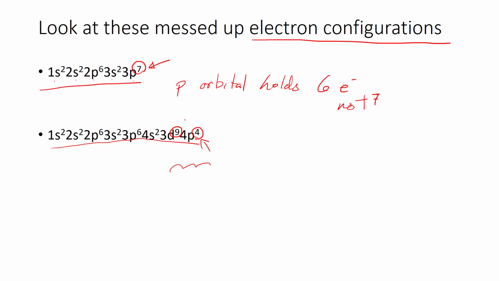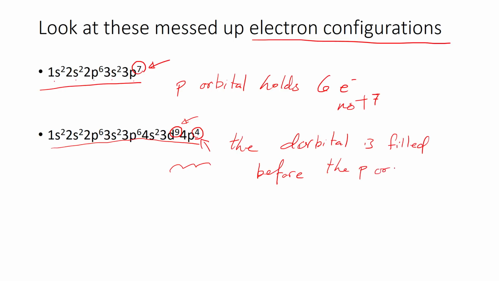So in this one, the d orbital is filled before the p sublevel is fully filled. Seems easy enough. I hope that helps out a little.